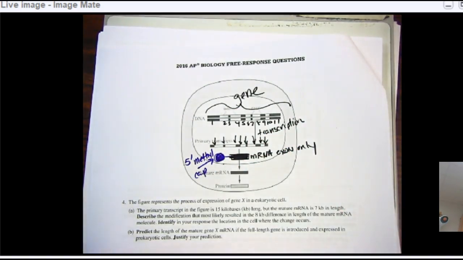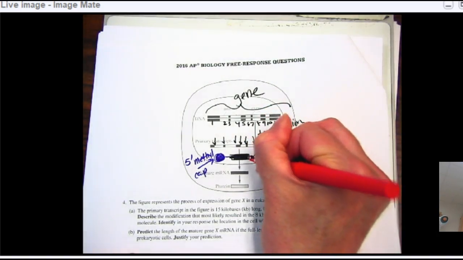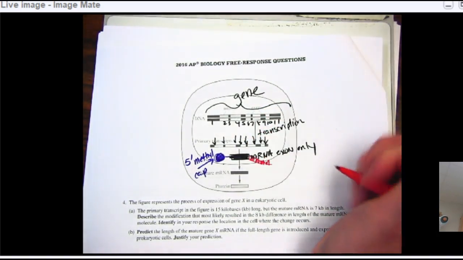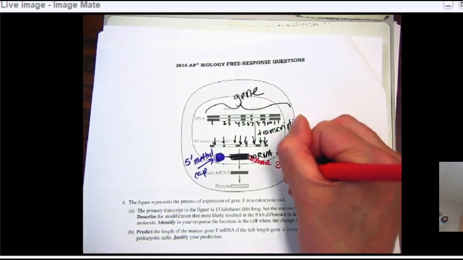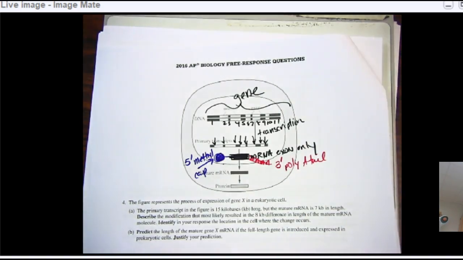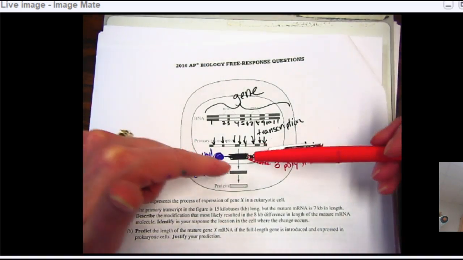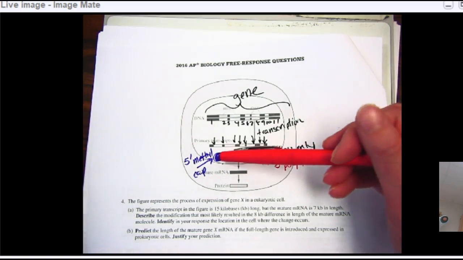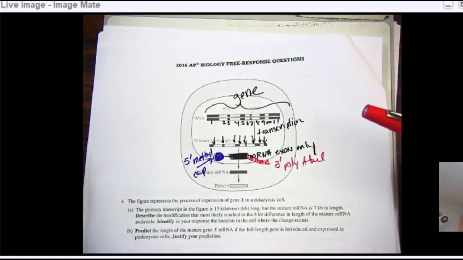And then at the other end, we have all of these A's, which are adenines, and it's at the 3' end, so it's a 3' poly A tail. So normally, your primary transcript is longer than your mature messenger RNA, even though we're adding a methyl cap and a poly A tail, because we have the removal of introns.